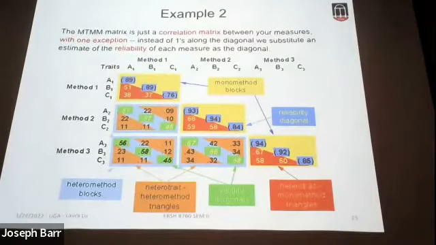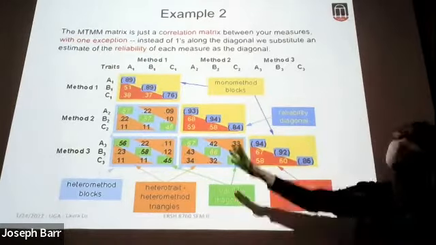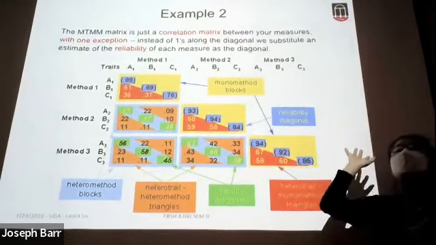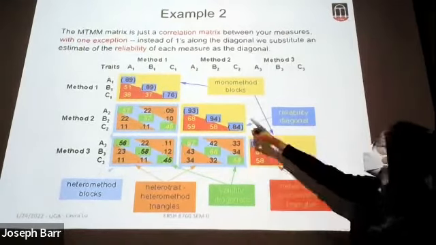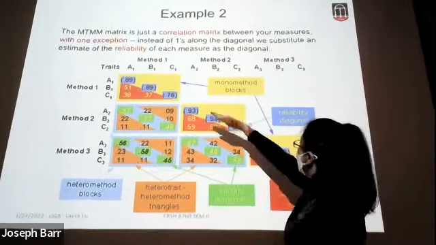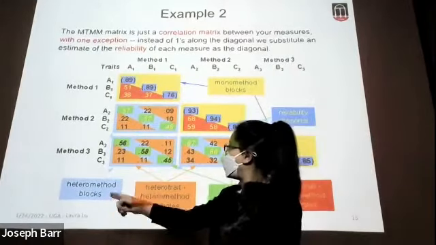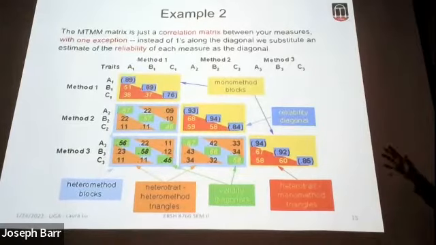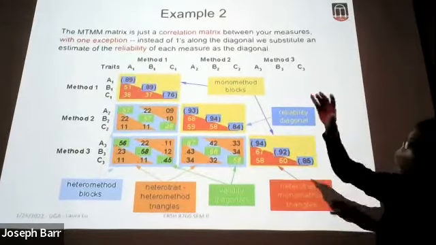Here I'm going to show you different concepts. In this table, there are a lot of concepts: monomethod blocks, reliability diagonals, heteromethod blocks. There's a difference between this table and the previous table.